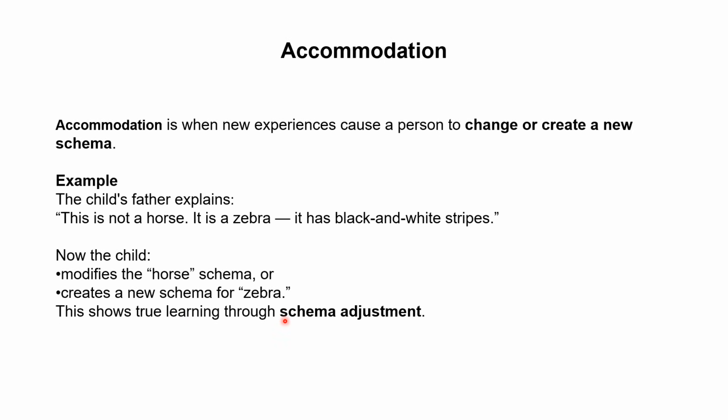What is he going to do? He is now going to create another schema, another folder where the zebra is going to be put. So in this case, the child doesn't want to put the zebra in the folder of horse. So another schema, another folder is going to be created for the zebra, because the child now understands that a zebra is different from a horse, and therefore they cannot be in the same folder. All right.